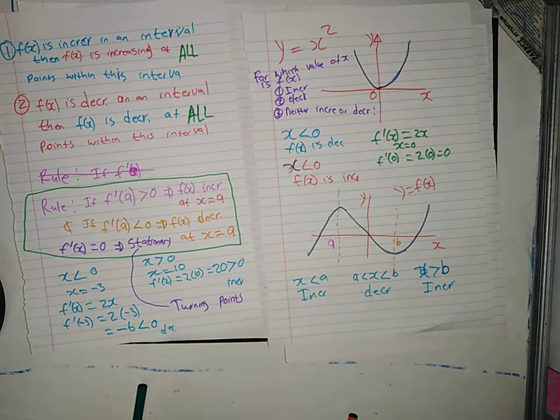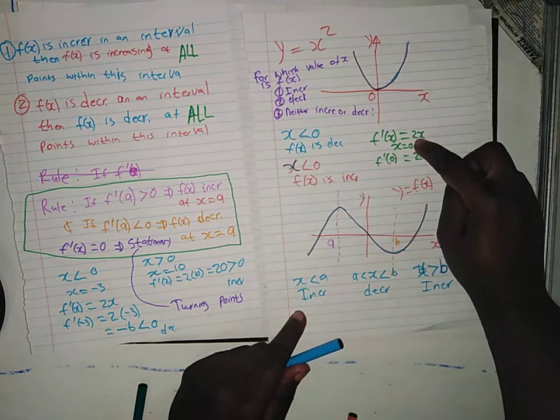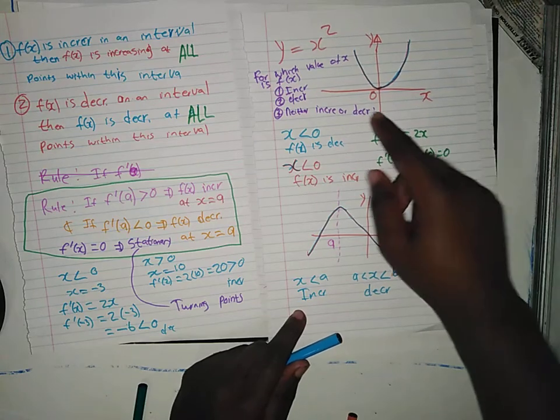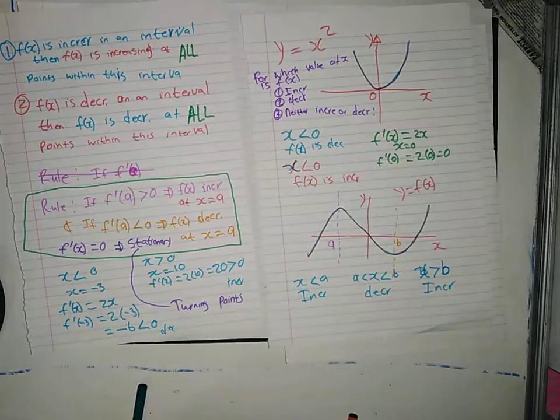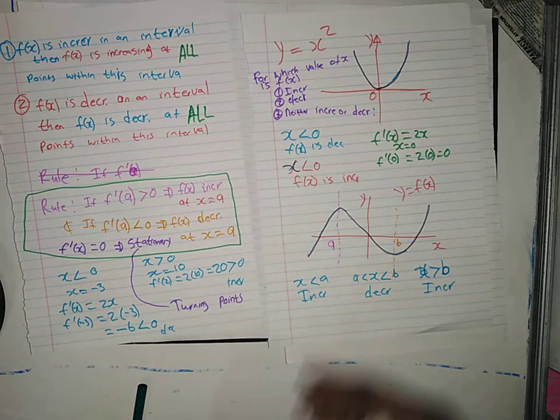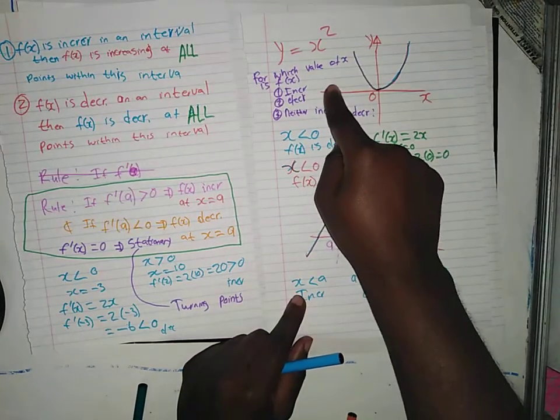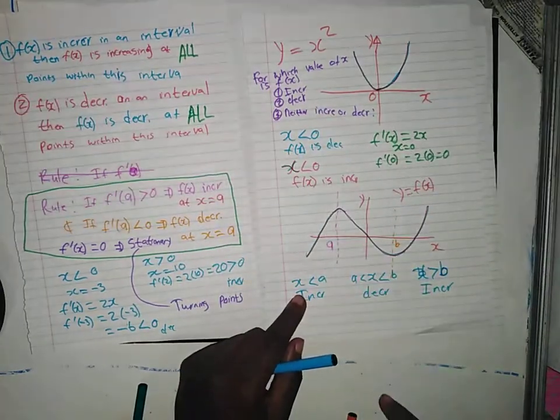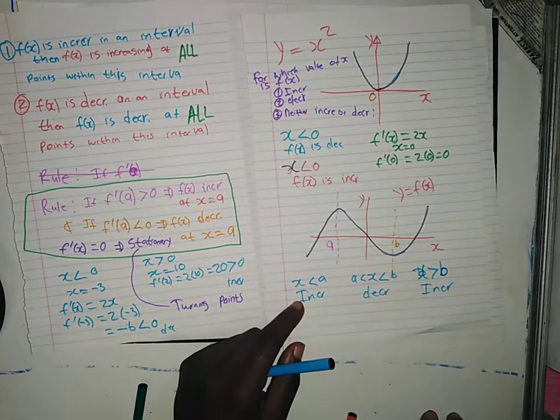So you are going to look for a derivative. A derivative, you know it already. It's what? It's 2x. But now you must check here, you've got two intervals. It's not the same as what was happening here where everything was increasing and everything was decreasing. So you remember we said from negative infinity, if x is less than 0, what is happening? It is decreasing.